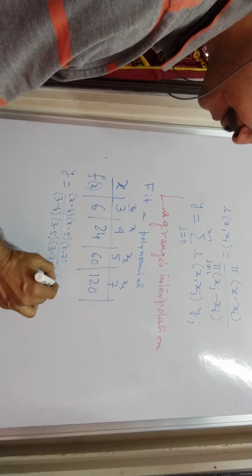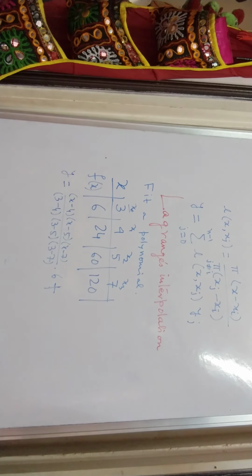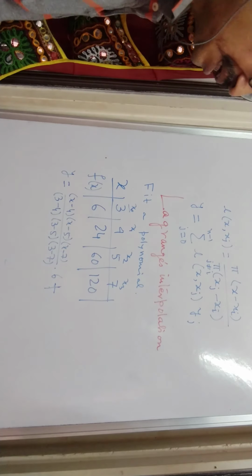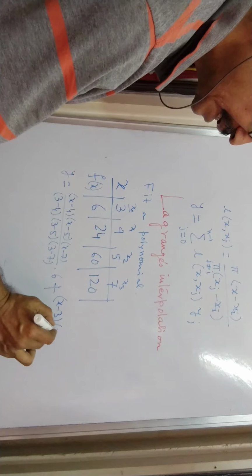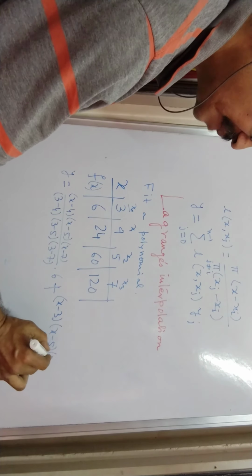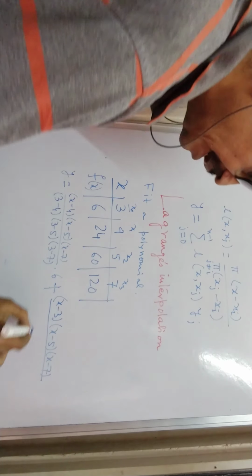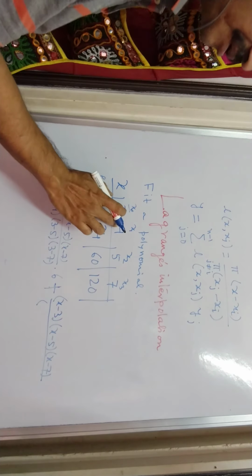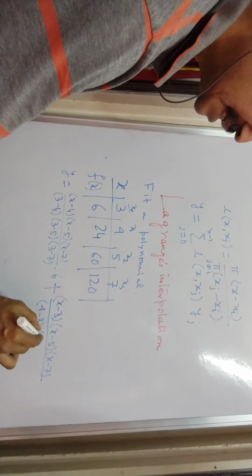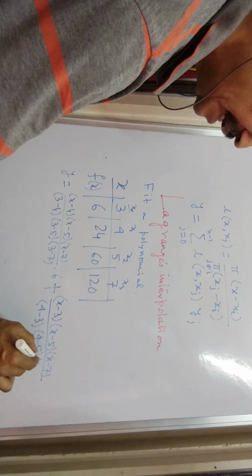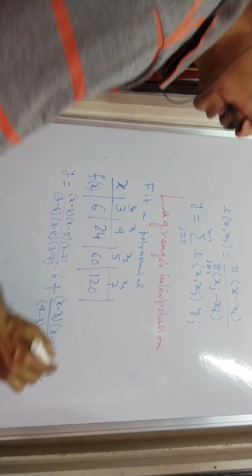Next we have y1, so we leave x1, and we have x minus 3, x minus 5, x minus 7 in the numerator, while in the denominator we have 4 minus 3, 4 minus 5 and 4 minus 7, multiplied with 24.